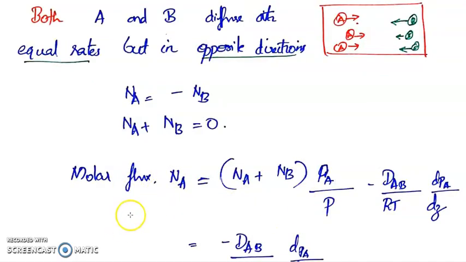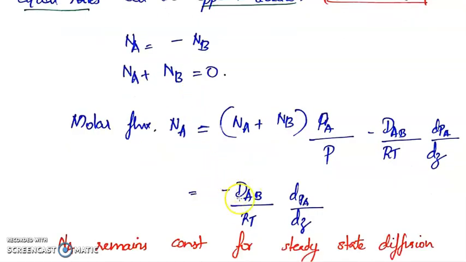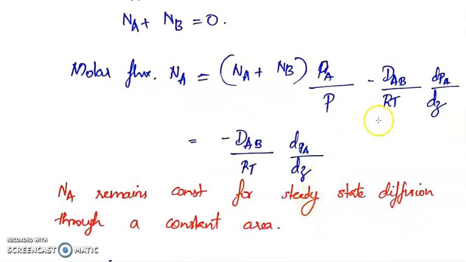And we already know the expression for molar flux. NA is equal to (NA plus NB) PA by P minus DAB by RT into dPA by dz. Since NA plus NB is equal to 0, this reduces to minus DAB by RT dPA by dz. But NA remains a constant for steady state diffusion through a constant area.